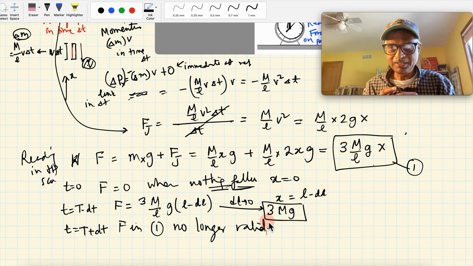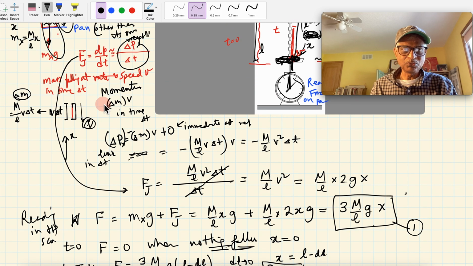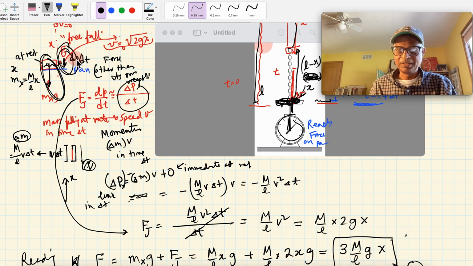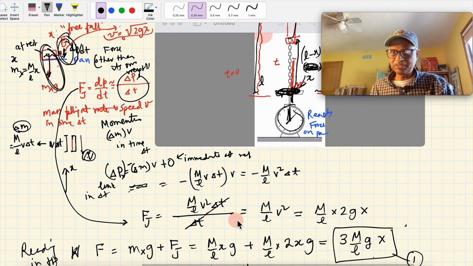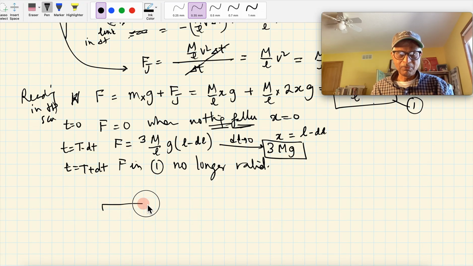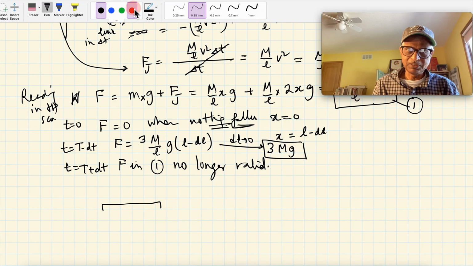Now, why isn't it valid? Well, what happens? We actually said it was falling, so there were two forces. There's this force and that force, and we had to add those forces. But if you look at t being this thing now, the situation is very different.